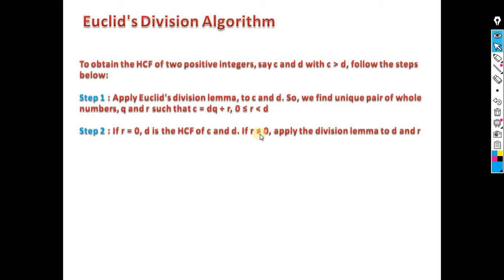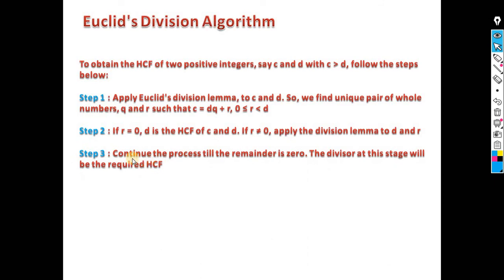If the remainder is not equal to 0, then you apply the division lemma to the divisor and the remainder, that is D and R. You continue the process till the remainder is 0.